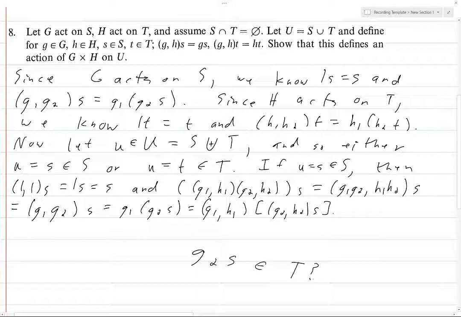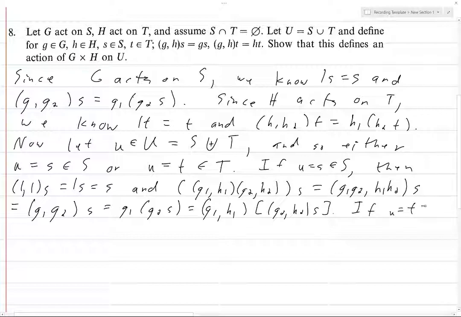No, it can't, because G acts on S. So G sends elements of S to S. So G2S is an S, and so this all holds. This thing is going to give us something in S, and so when we act on it by this thing, you'll just use the G1 there, and so it will give us this, and so there we go. Okay, I was worried there that I would have messed something up.